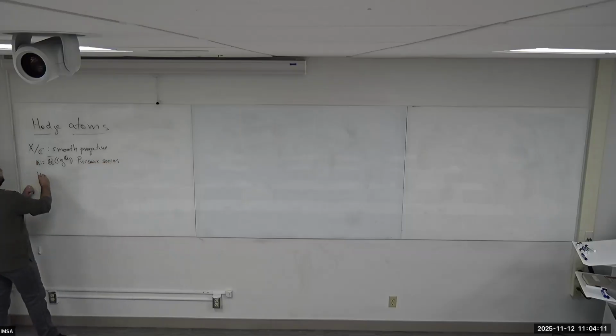We set H to be the Betti homology of X with Q coefficients. Okay, this data. Then there was this A-model bundle.